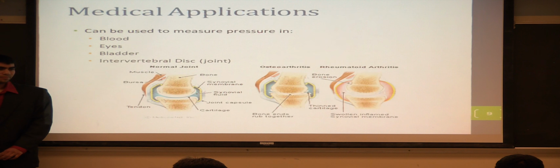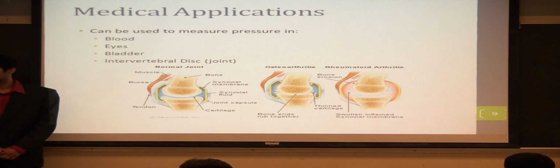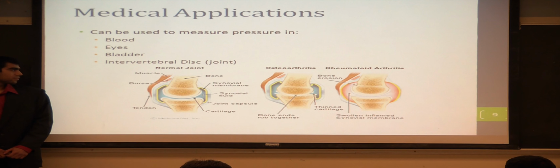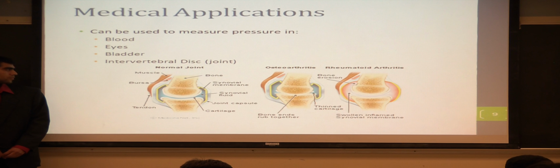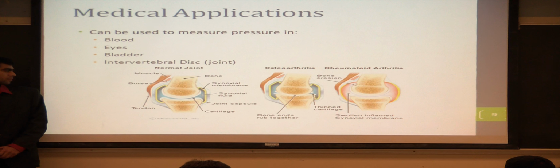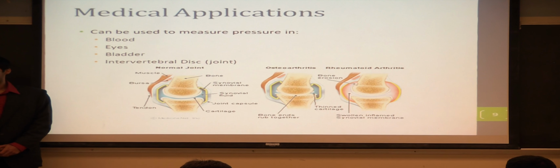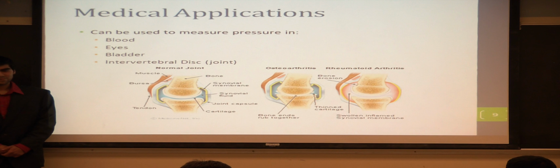And some medical applications where the needle pressure transducer can be used would be to measure pressure present in the blood, eyes, bladder, and joints. And more specifically, we'll be focusing on the measurement in between the intervertebral discs. And this picture is just an example showing the knee joint in its normal state and when it's affected by two different types of arthritis.